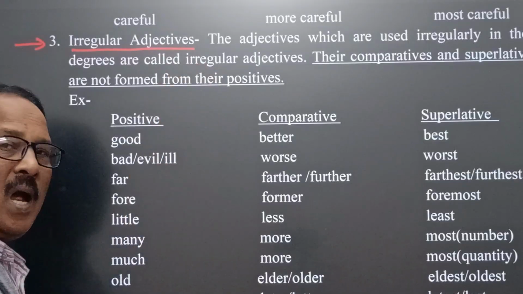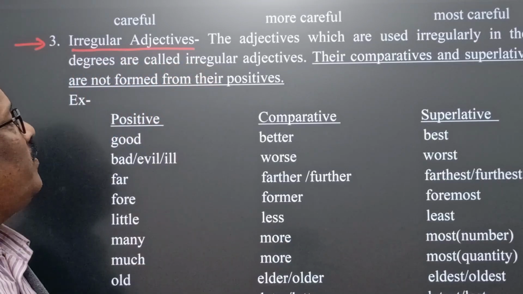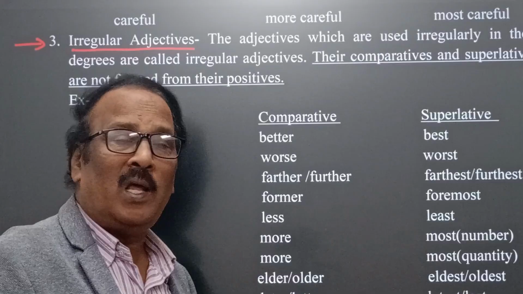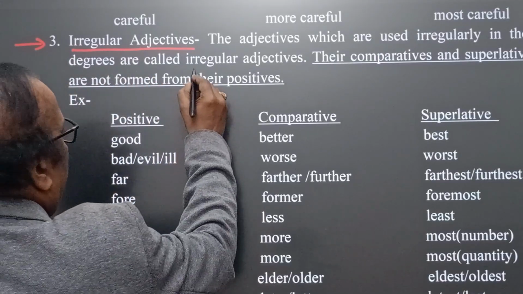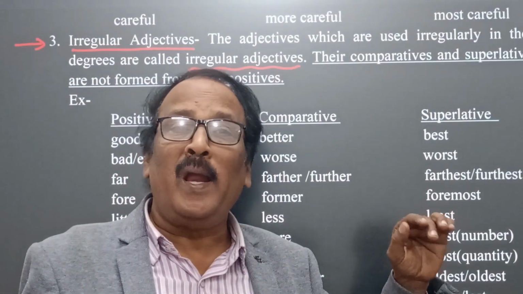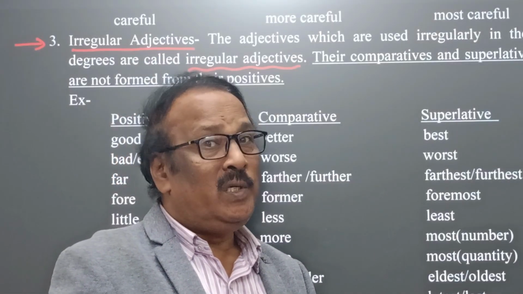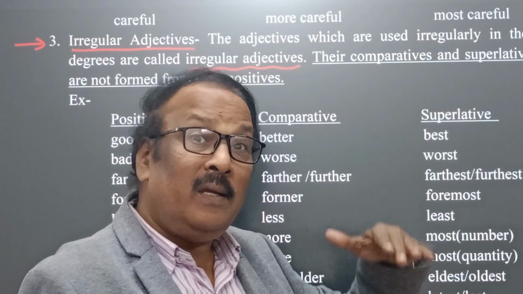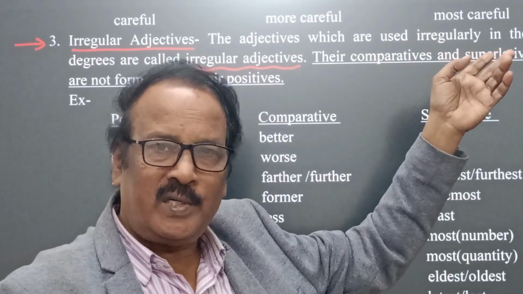Okay. In third point, we find irregular adjectives. The adjectives which are used irregularly in their degrees are called irregular adjectives. Okay. In this case, we don't find regularity in use of adjectives in positive, comparative, and superlative like the last two types of adjectives.